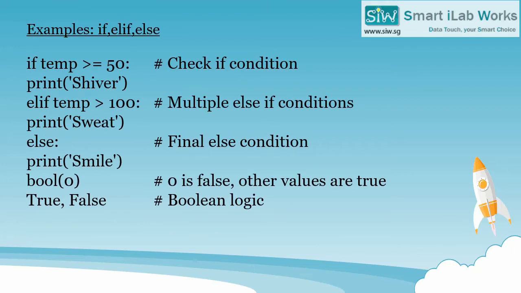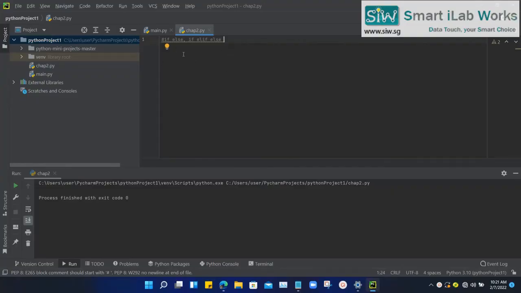For example, if temperature is greater than or equal to 50, I'm going to print shiver. That is a condition, and we can use multiple else. We can use elif here. Suppose the temperature is not greater, it comes to the next condition, elif. Like we can see in our program: if, elif, and else.